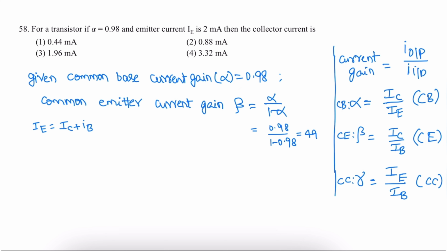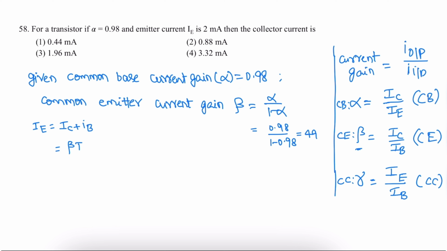So from this expression, IC is equal to beta IB.